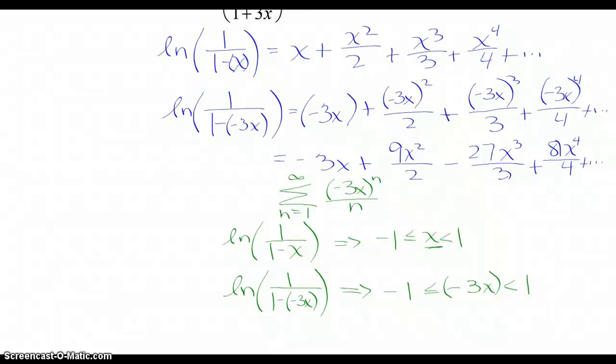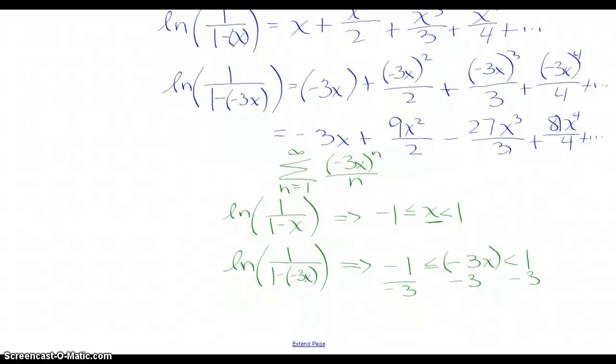So now I have, if I divide each term by -3, this might be a little tricky, but if you'll stay with me, I think you'll be okay. When we divide by or multiply by a negative value, it reverses those signs, right? So now I have a positive 1/3 is greater than or equal to x, which is greater than a negative 1/3.